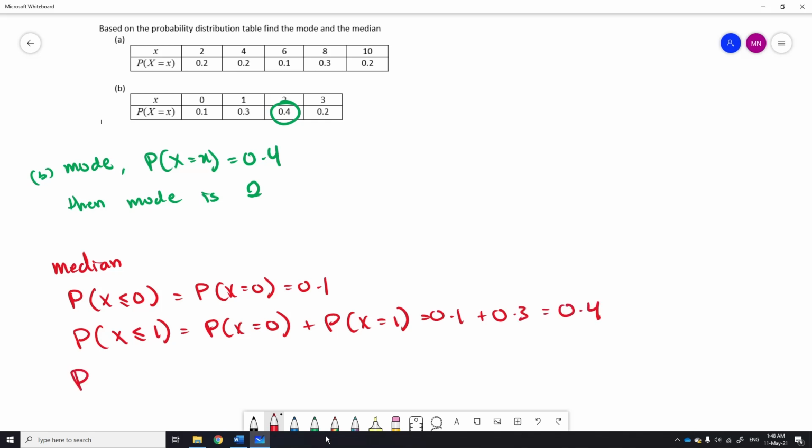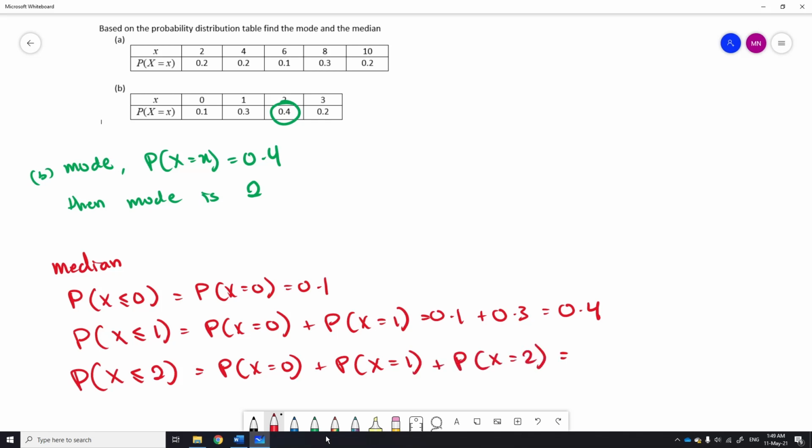So not yet reaching 0.5. So x less than or equal to 2 will be 0.1 plus 0.3 plus 0.4, which is equal to 0.8.